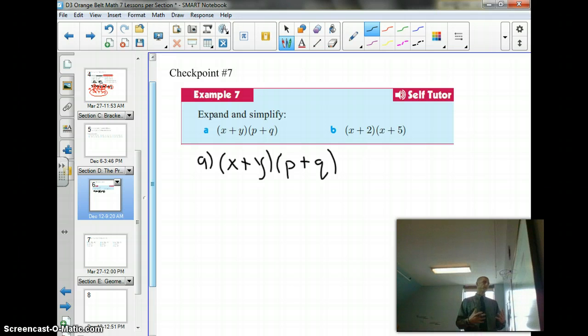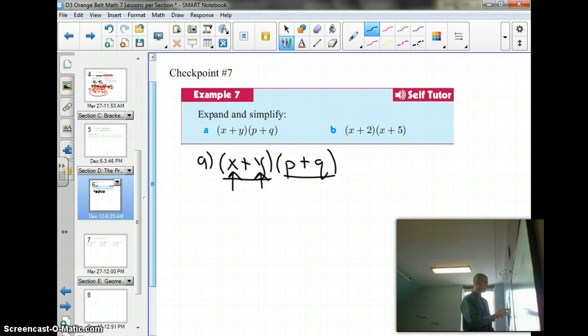The distributive law says we need to multiply everything in here, or everything that's in front of the first bracket, by everything that's in here, okay? But it's tricky. Why is it tricky?